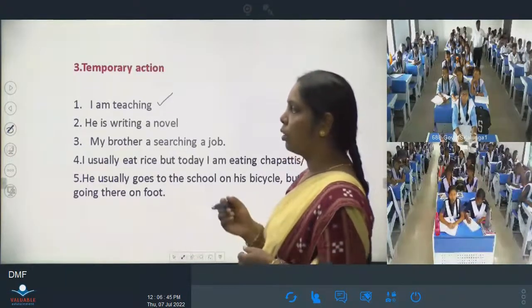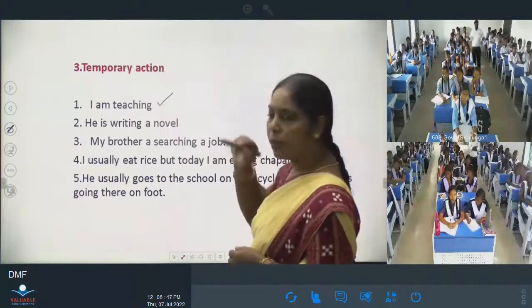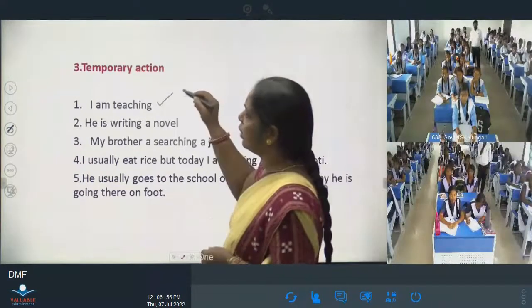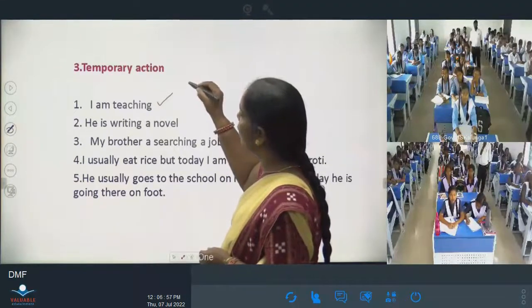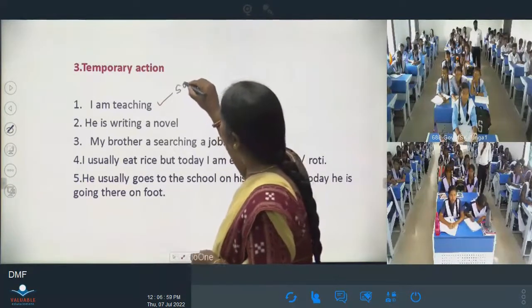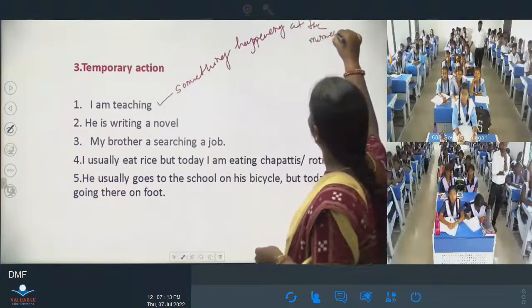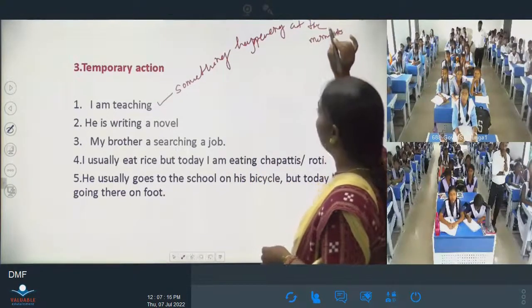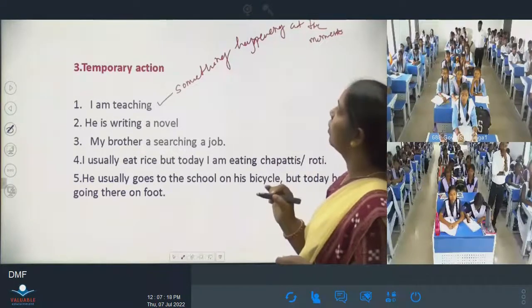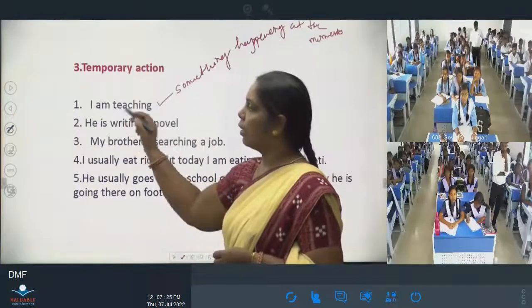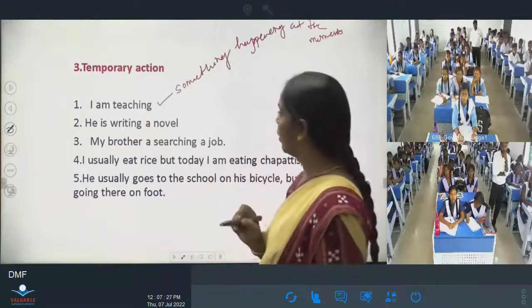So there also we can use present progressive tense. This is the example of something happening at the moment. The work is going on when the person is speaking. So here we say, I am teaching.